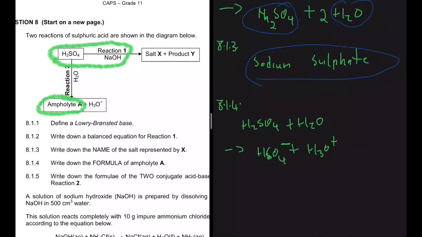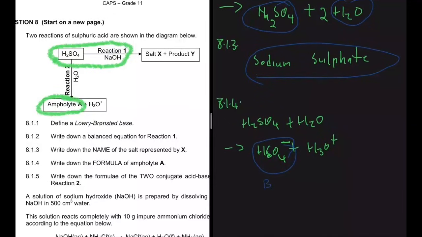So the formula of our ampholyte is HSO4 minus. But is HSO4 minus an ampholyte? Yes, it is indeed an ampholyte. In this reaction, it is acting as a conjugate base, right? But if you say HSO4 minus plus H2O, then it's going to act as an acid.